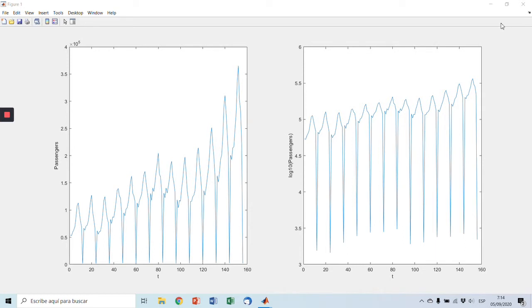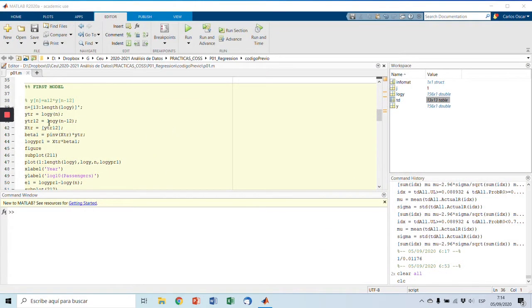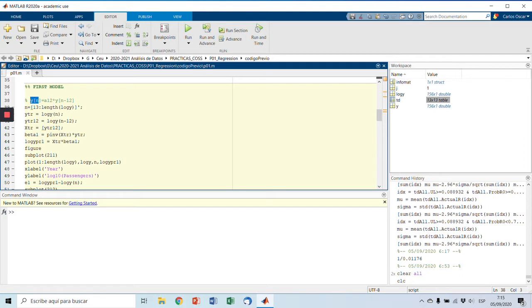Okay, so when there are such large variations in the amplitude of a variable, it is much better to work in a logarithmic scale. So we will do that for the rest of the demo. And in the first model, we will try to explain the number of passengers now as a multiplier A12, just a coefficient of what happened 12 months ago.